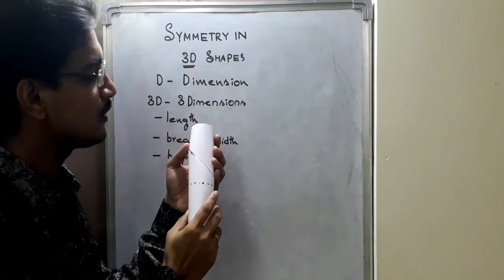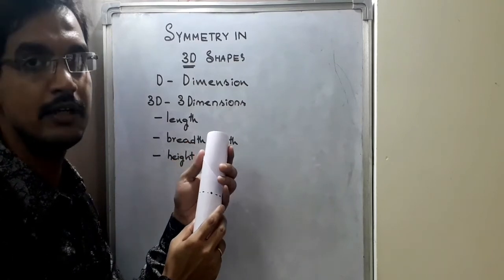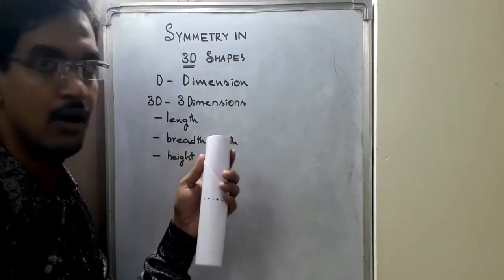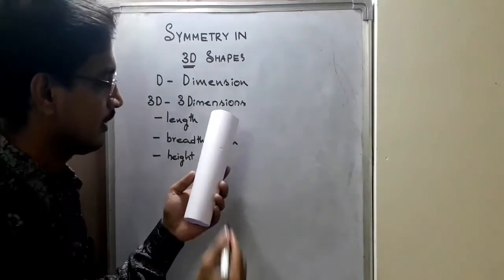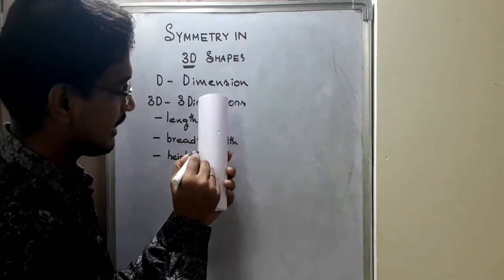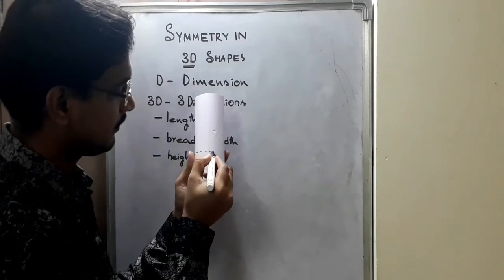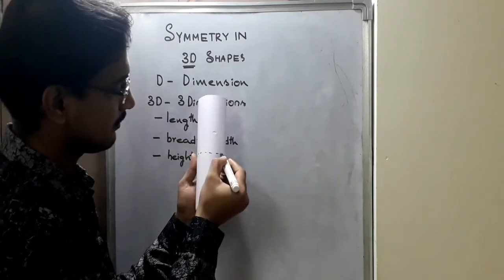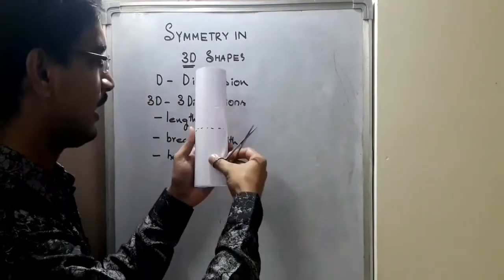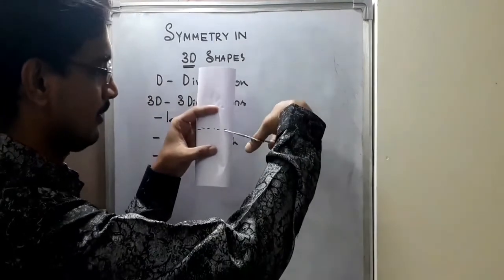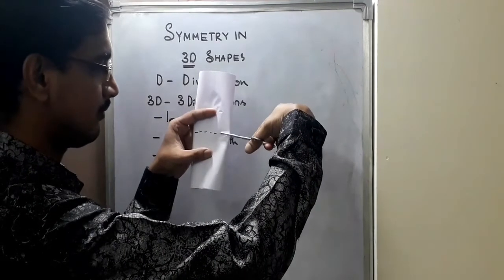Now I will show you how the symmetry is going to exist for this kind of objects. So look, again I am taking the center over here, like this, and I am going to cut this along that center.